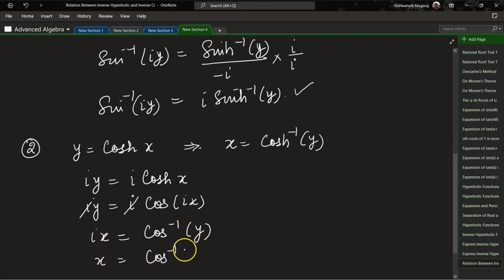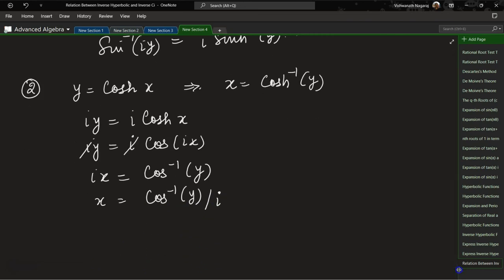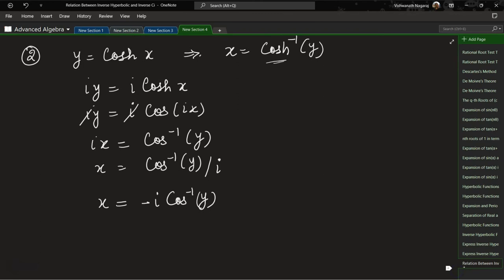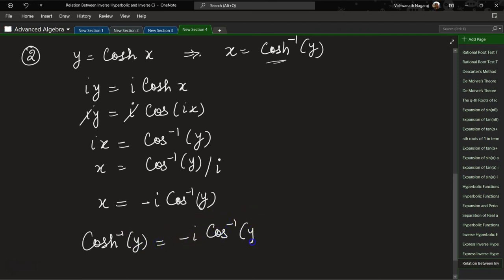So cos inverse of y by i, and by multiplying numerator and denominator with i, we get minus i cos inverse of y. Which means this is equal to x and this is equal to x, so they are both equal to each other. So hyperbolic cos inverse of y is equal to minus i cos inverse of y.